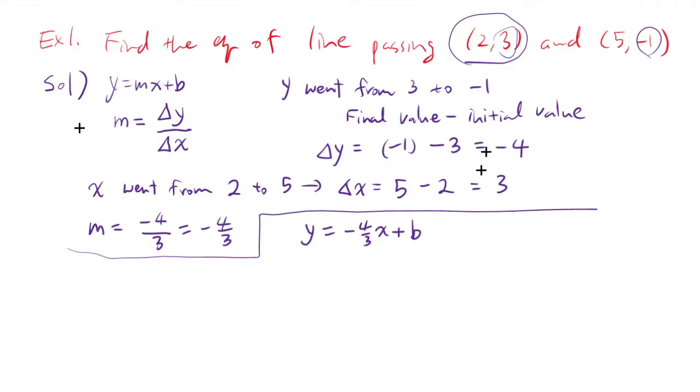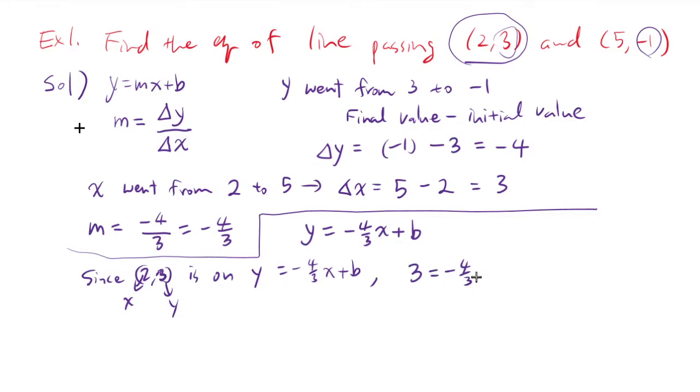What's important is that for a point to be on the graph of any equation, it means that when you plug in these values, the equality should hold. So since 2, 3 is on this line, y equals negative 4/3 x plus b, you set x to 2 and y to 3. So 3 is equal to negative 4/3 times 2 plus b.